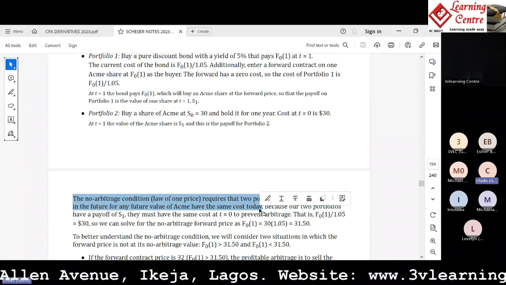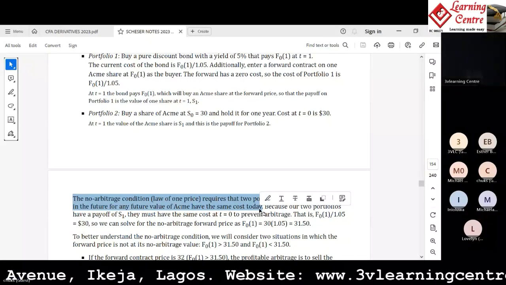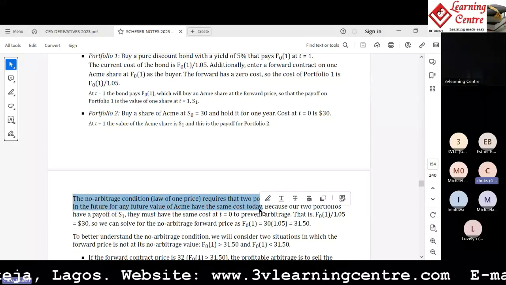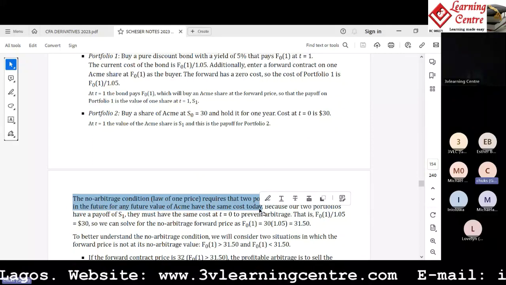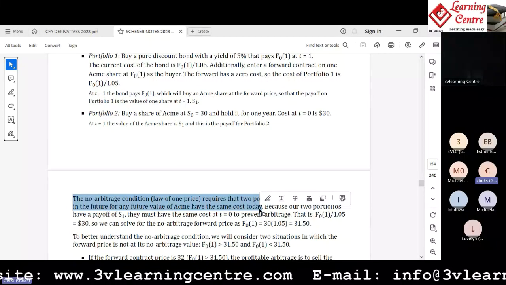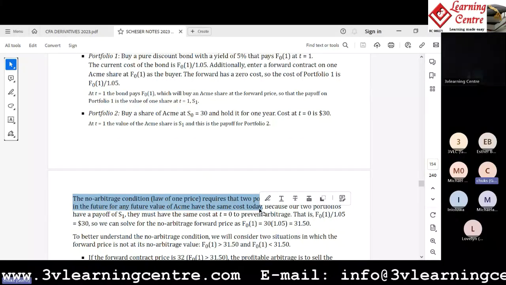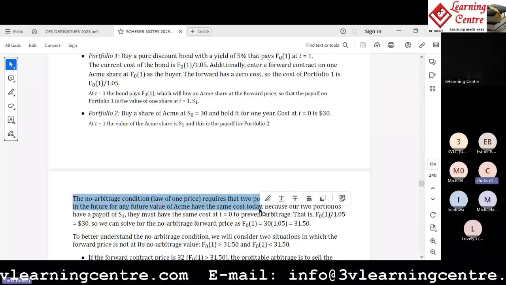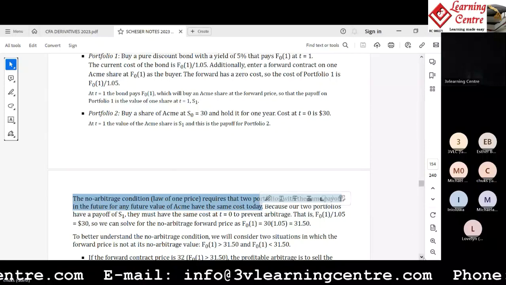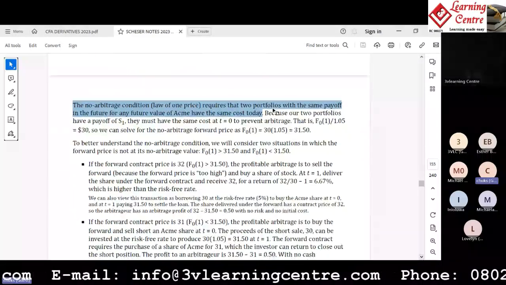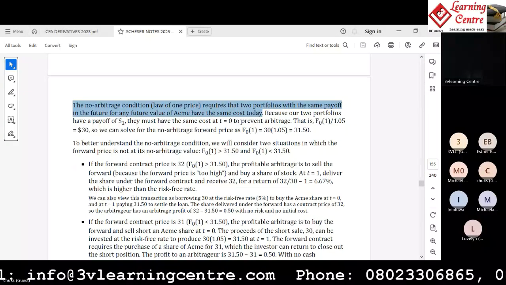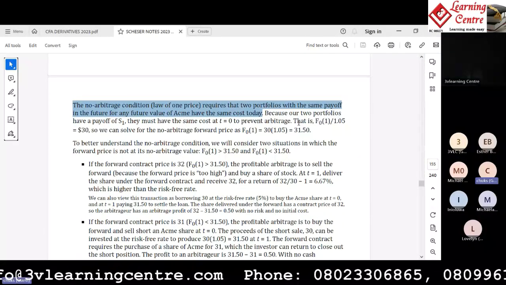If asset A and asset B have the same future expectation that they will both generate X, then they must both have the same cost today. If they don't have the same cost today, then people can tilt to buying one and selling the other to make that little arbitrage difference. Okay? So because our two portfolios have a payoff of S1, they must have the same cost to prevent arbitrage.